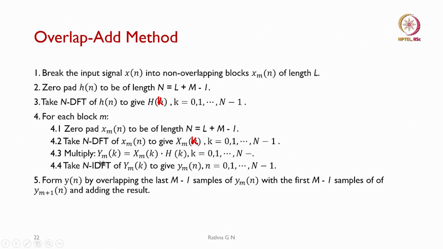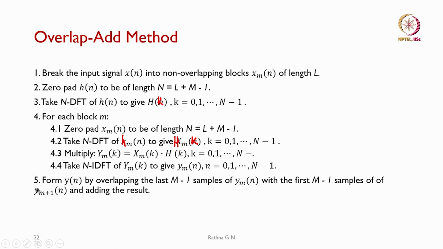Then multiply X m of k with H of k to give Y m of k. These are the two signals whose DFT we have taken, and we multiply them, then take the N-point IDFT of Y m of k to give y m of n. For the inverse DFT, n varies between 0 and N minus 1.